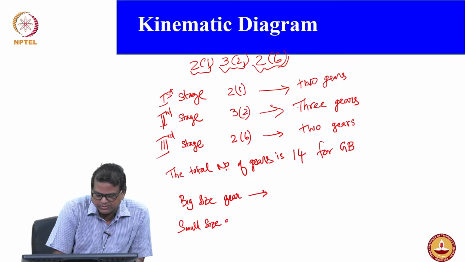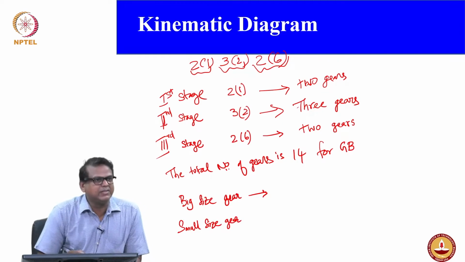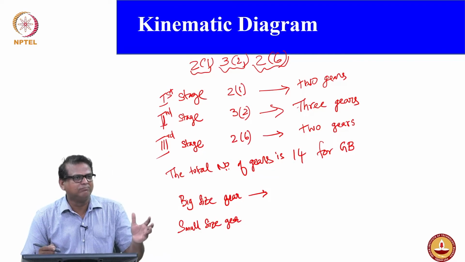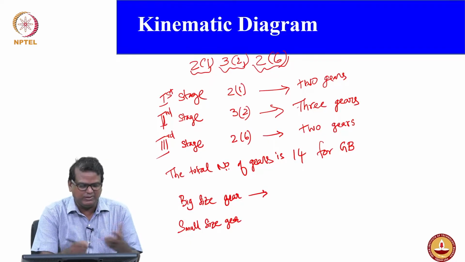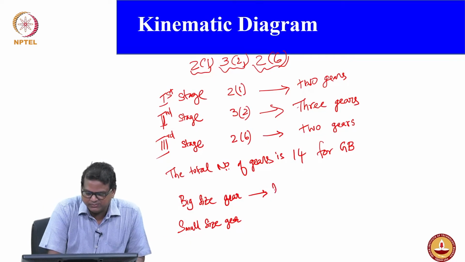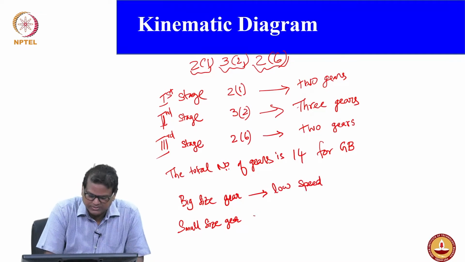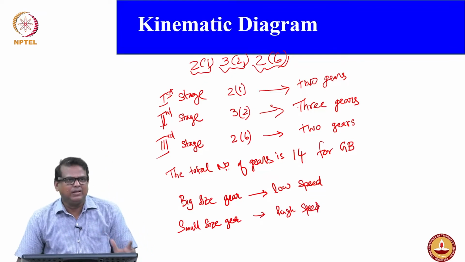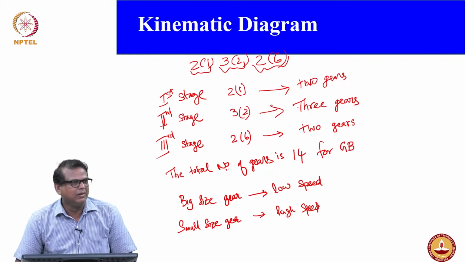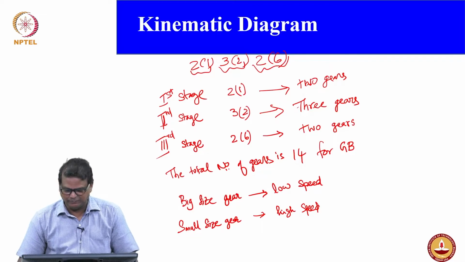If it is a big size gear, obviously the speed would be low or small. So, low speed. Now, small size means high speed. So, the size is also very important. This is the cue we are going to use in the construction of the kinematic diagram.